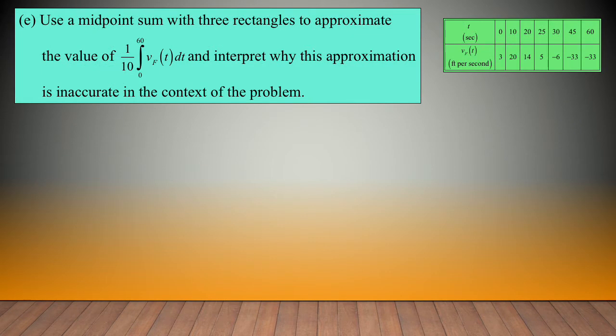E reads, use a midpoint sum with 3 rectangles to approximate the value of 1/10 the integral from 0 to 60 of v sub f of t dt and interpret why this approximation is inaccurate in the context of the problem.